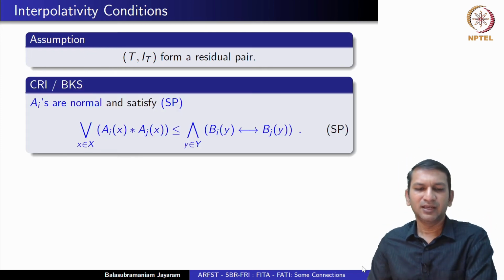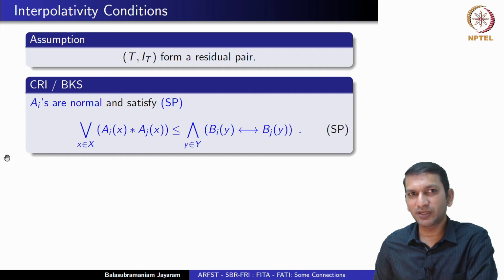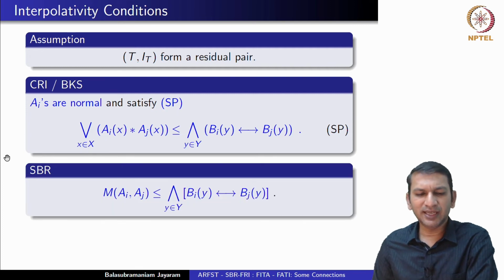We have seen that one condition to ensure interpolativity, either for CRI or BKS, is that all the antecedents are normal and that the antecedents and consequents together satisfy this inequality, which we call the semi-partition inequality. Now, under the same context, when the operations are coming from a residuated lattice, we have seen such an inequality in the case of SBR.